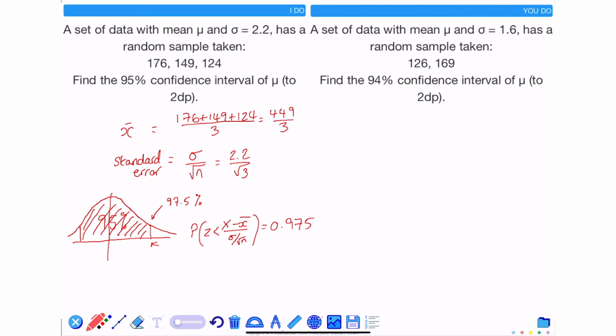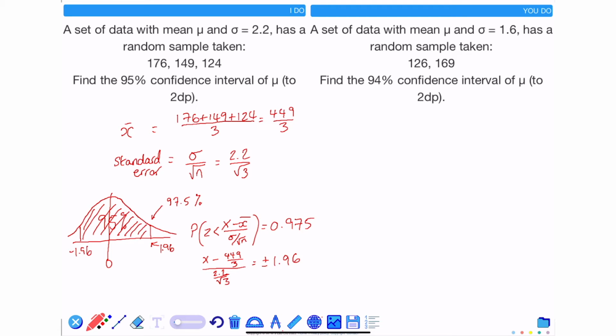If the value that we've calculated to the right of 0 is 1.96, that means to the left of it, because of symmetry, is minus 1.96. So this means that my Z value is plus or minus 1.96. So now that we know that Z has to be plus or minus 1.96, that means that x minus 449 over 3 divided by the standard error, which is 2.2 divided by the square root of 3, is equal to plus or minus 1.96.